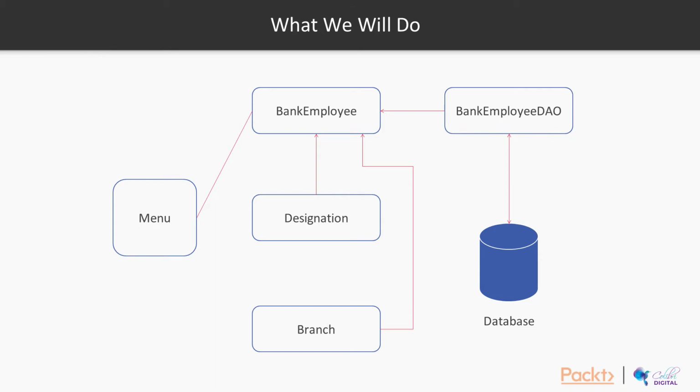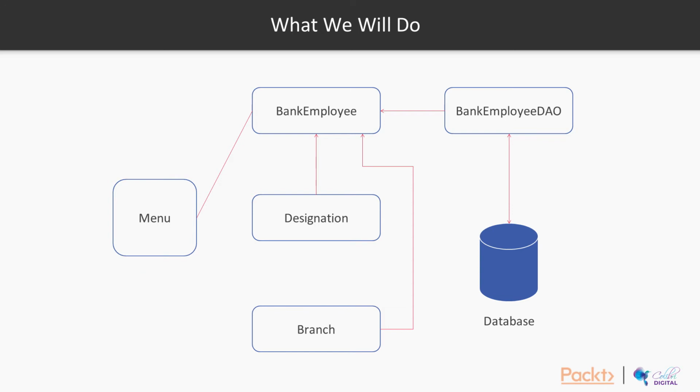This class, the Bank Employee DAO, is responsible for talking to the database. You've got to understand in object orientation that a bank employee doesn't know anything about a database. Let's be honest about it: if you're working as a teller in a bank, you don't know anything about a database. So we'll leave it to the expert, and we'll create an expert class called Bank Employee DAO.